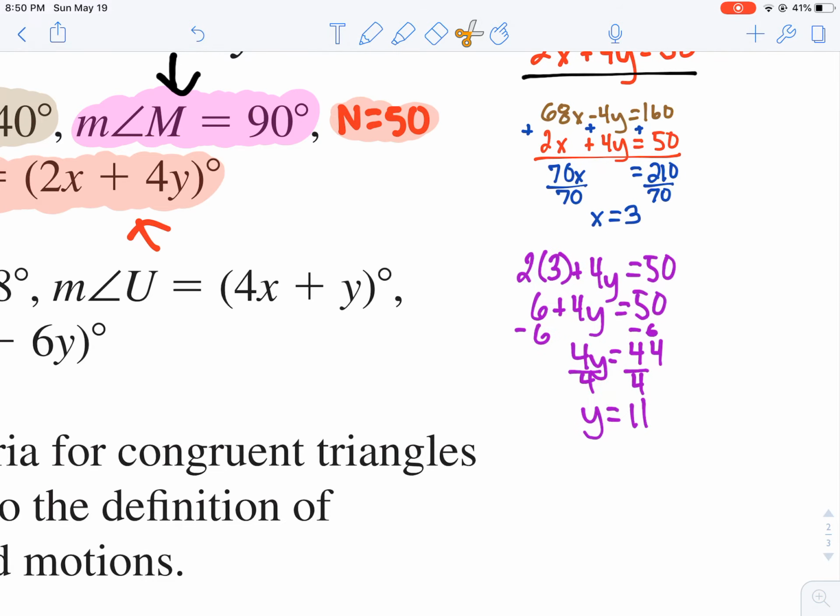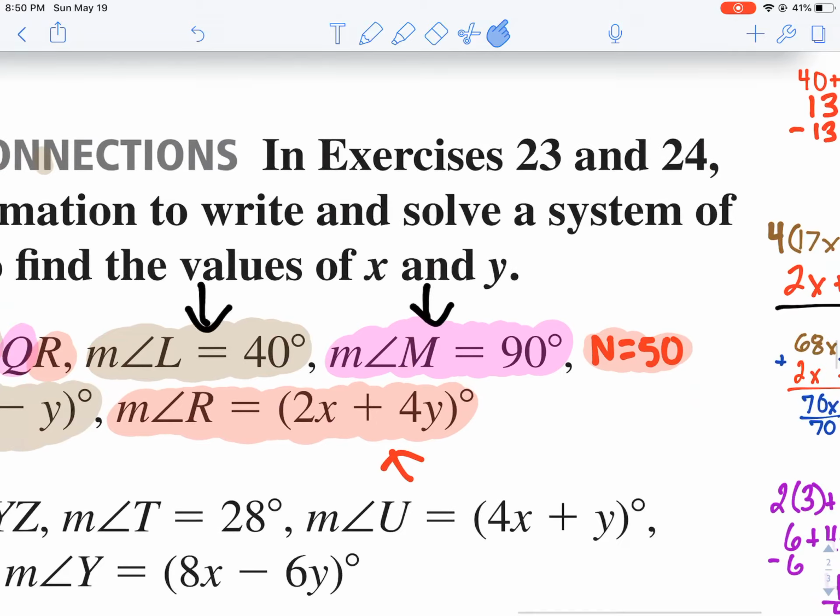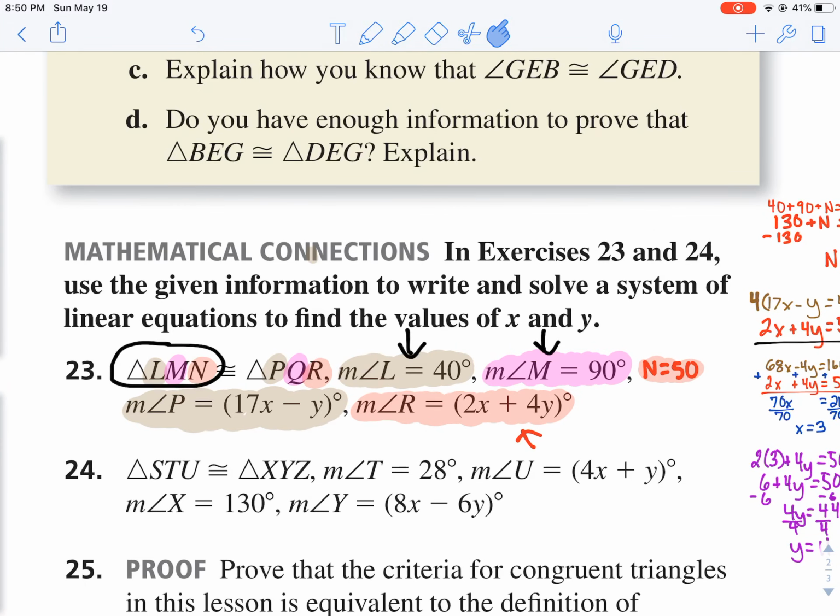So let's double check our directions, because sometimes they want us to actually solve for the angles. Sometimes they just want us to solve for x and y. Oh, there we go. So in this case, we just have to write and solve a system of equations to solve for x and y, and I just did that.